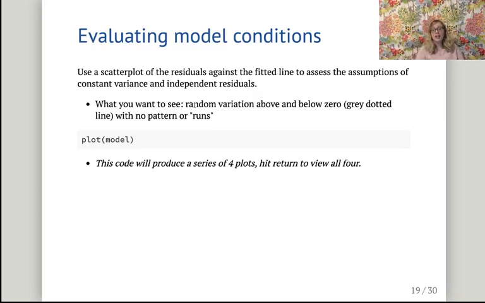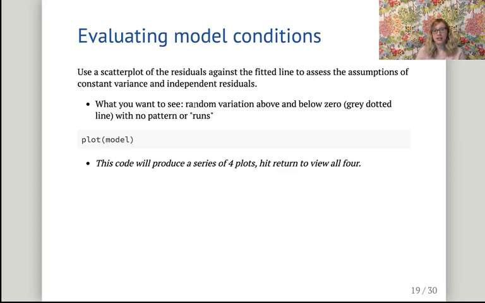So let's look at how we might evaluate these model conditions. One thing that we can do is use a scatter plot of the residuals plotted against the predicted values, or the fitted line, to tell whether or not we have constant variance and whether the residuals are themselves independent.